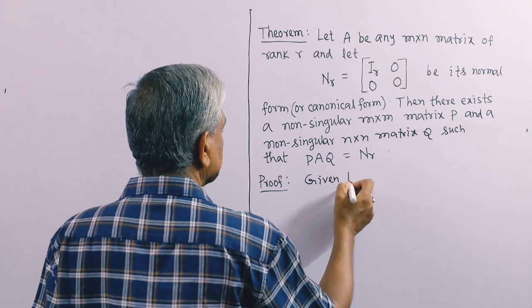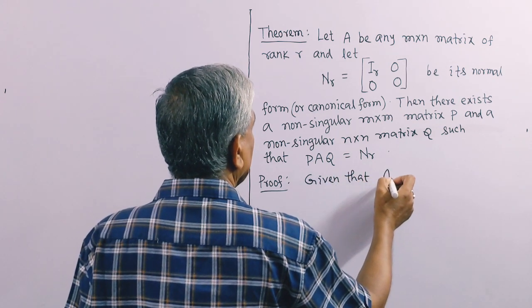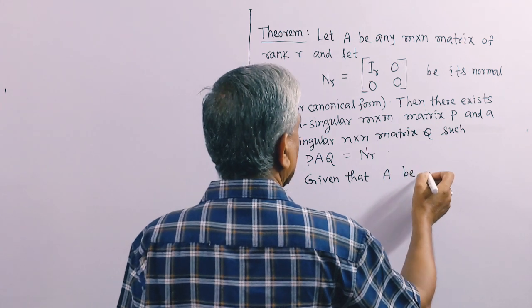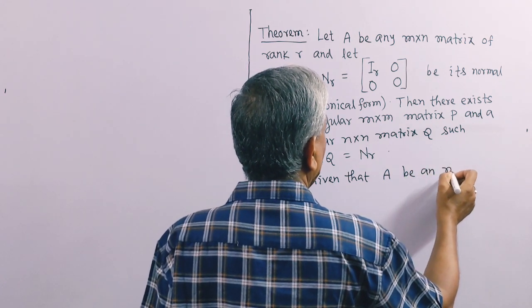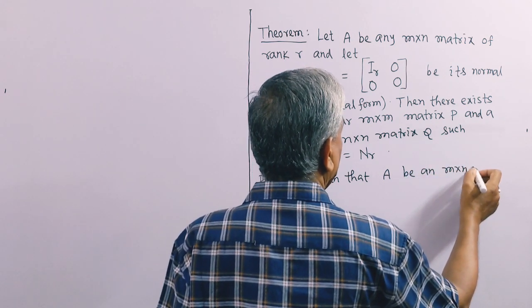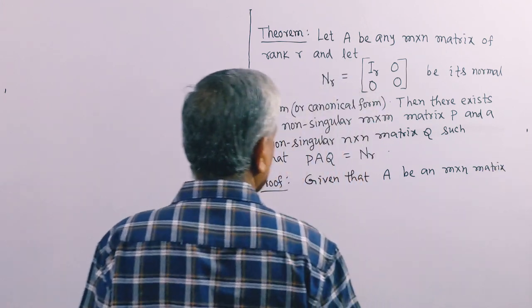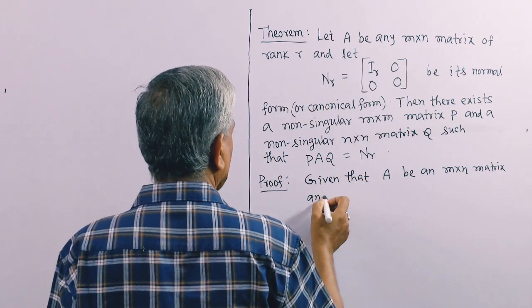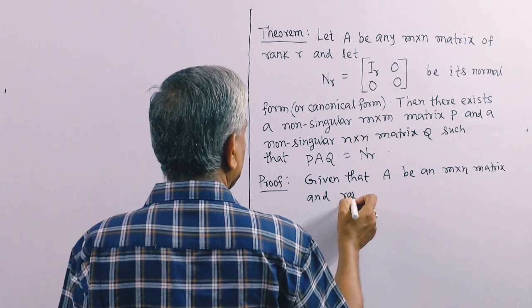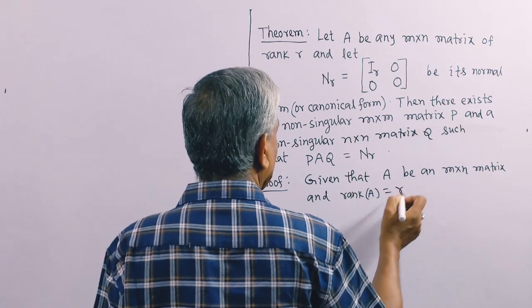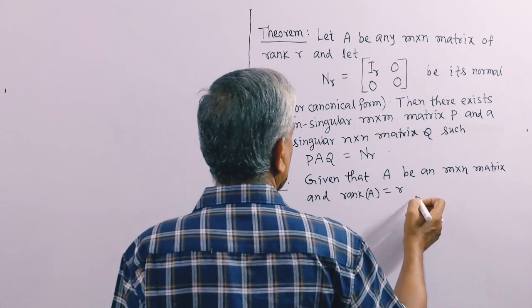Given that A is an m by n matrix and rank of A equals r. This is number 1.